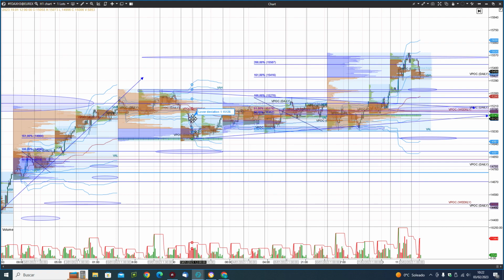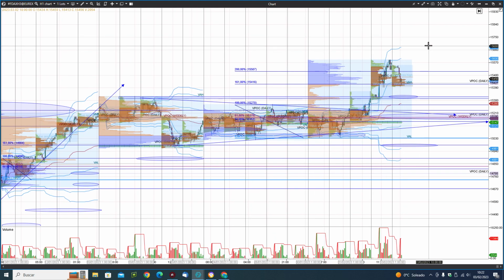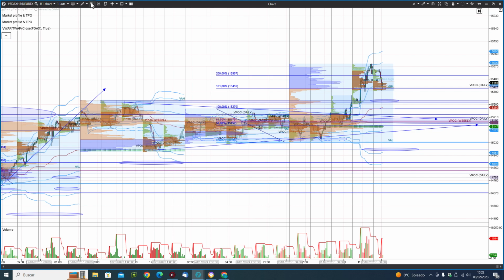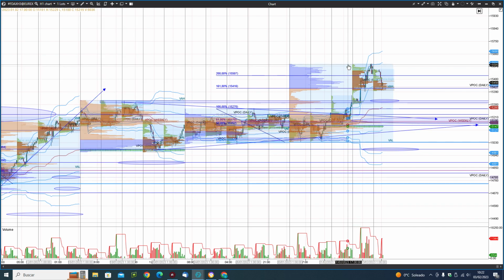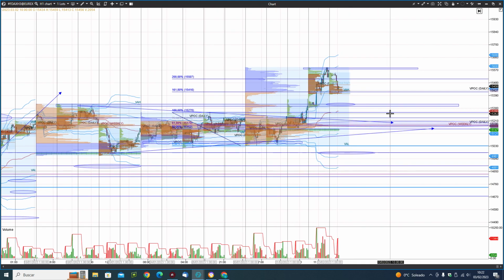We can delete it. And what are the targets? First, the maximum of yesterday is a price action, very clear resistance, 15,581. It's the higher target, and the lower targets we have two great points.